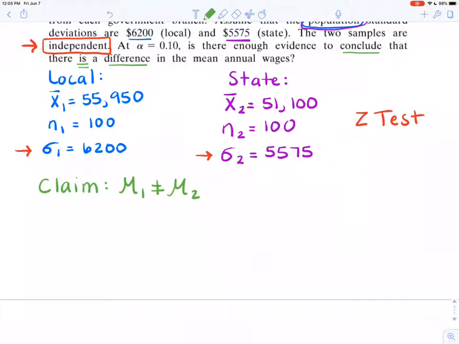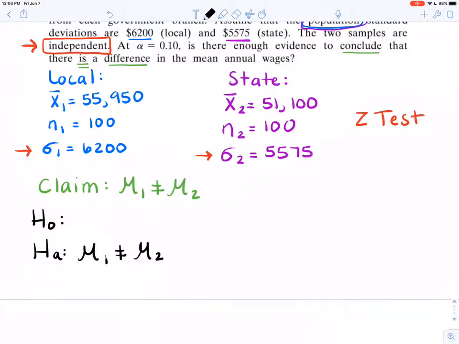And then what you want to remember as far as setting up your hypothesis test correctly, statements that are in the null hypothesis must contain equality. So in that null hypothesis, you can only put equal to, less than or equal to, greater than or equal to. We don't have that in our claim. Our claim has inequality, so it's going to go to the alternative hypothesis. Equality null, inequality alternative.